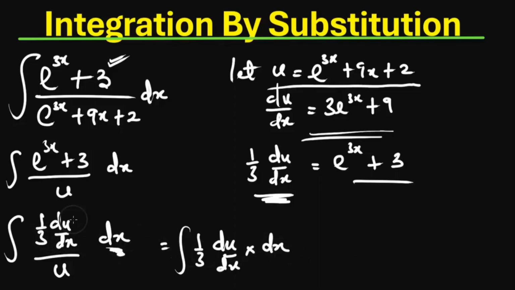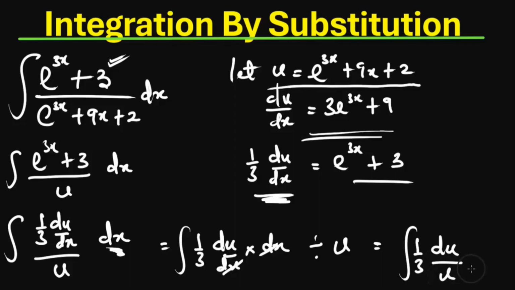So dx cancels out dx and we are left with the integral of 1/3 du over u. I hope it's clear. From here we have simplified this integral to this.